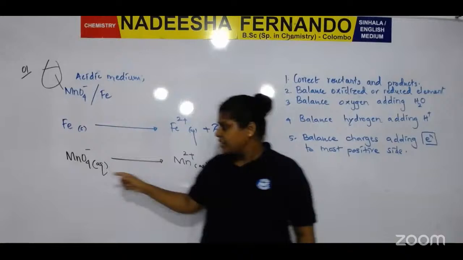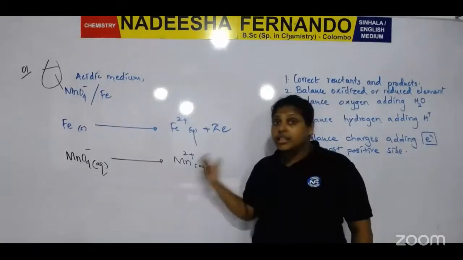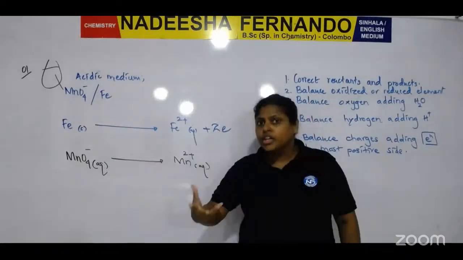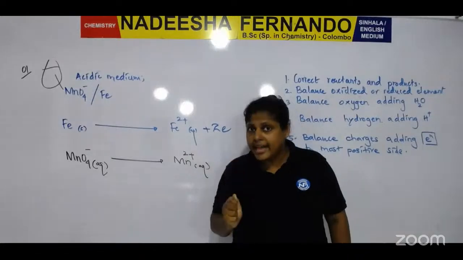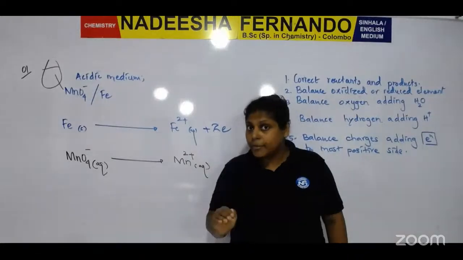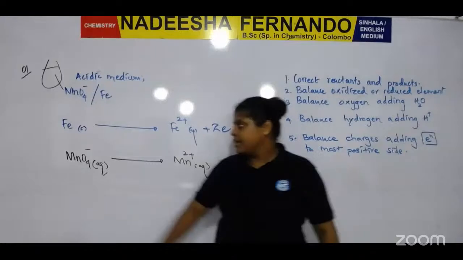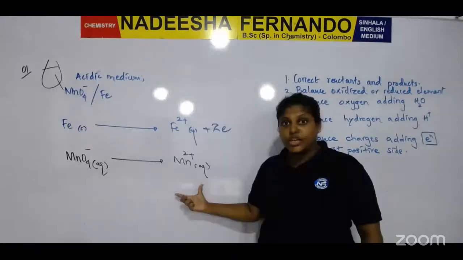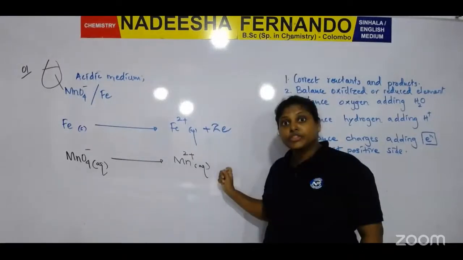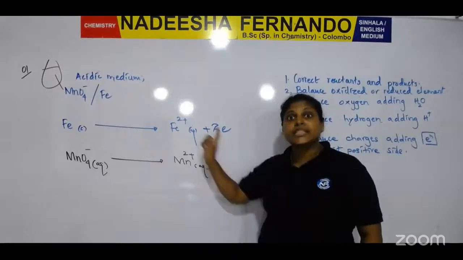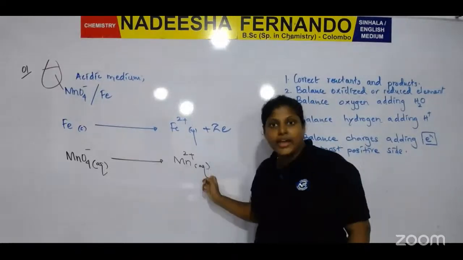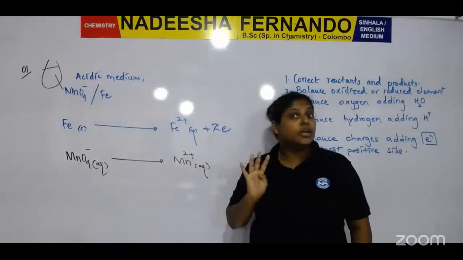Here, no oxygen. Therefore, we need to add water to the side which has fewer oxygen. Here 4 oxygen, here 0 oxygen. To get the same number of oxygen as the reactant side, we need to add 4 water molecules.